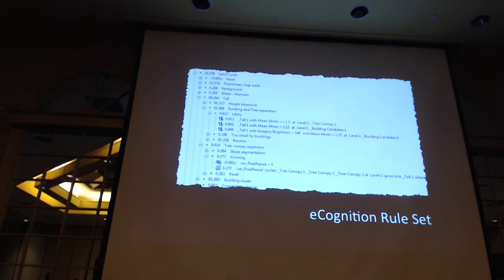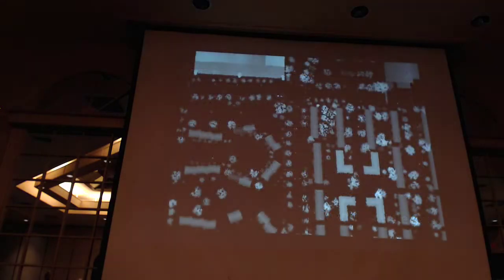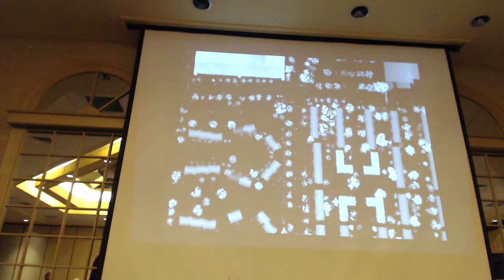So eCognition, again, the program that we use for object-based image analysis, is an expert system-based approach. We develop rule sets that will segment available information into objects, and then we try to classify them. So I'll give you an example here. This is a normalized digital surface model. It shows features above ground.